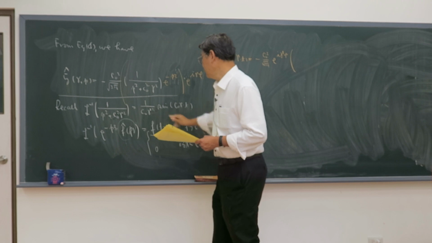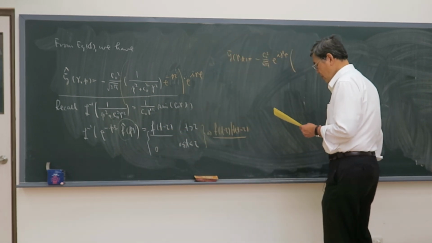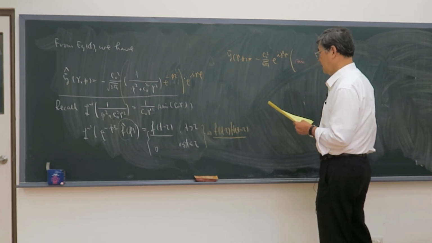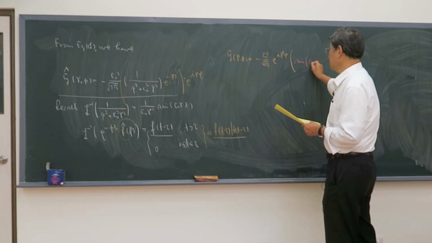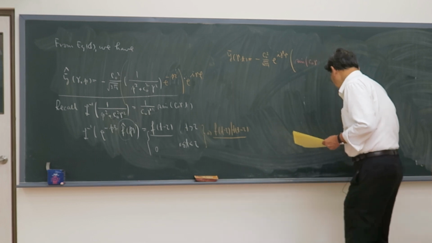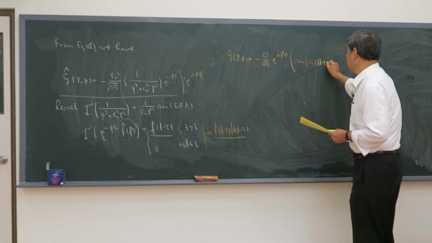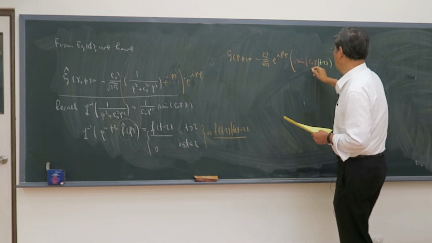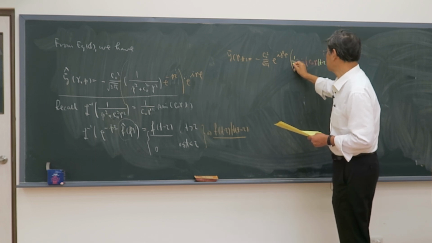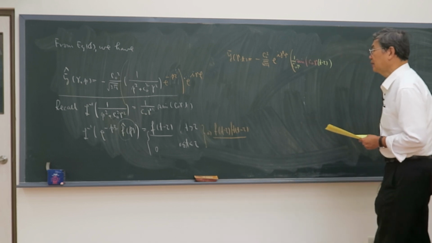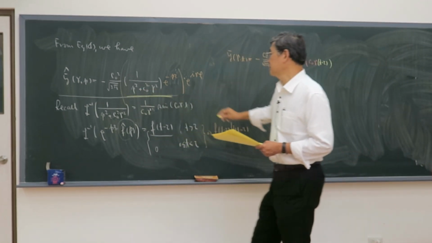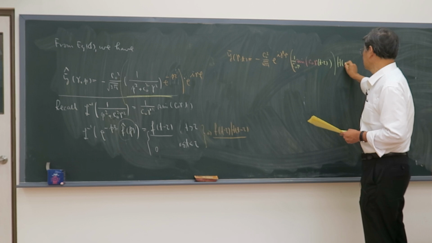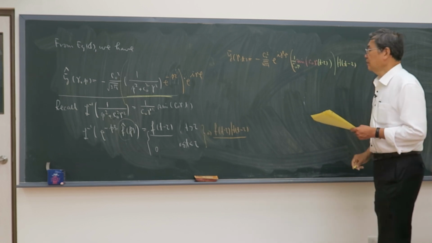And this term will use a sine. This will be sine c0 gamma, but t, now we have a shift, t minus tau, with 1 over c0 gamma for this inverse, and with a Heaviside t minus tau, right?